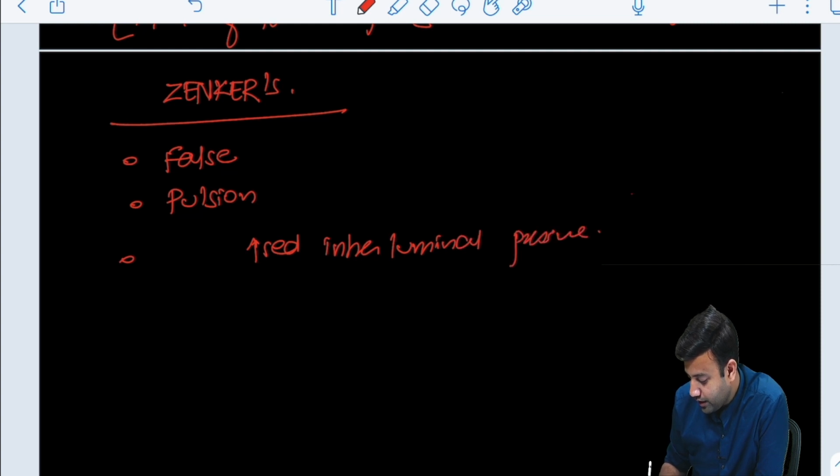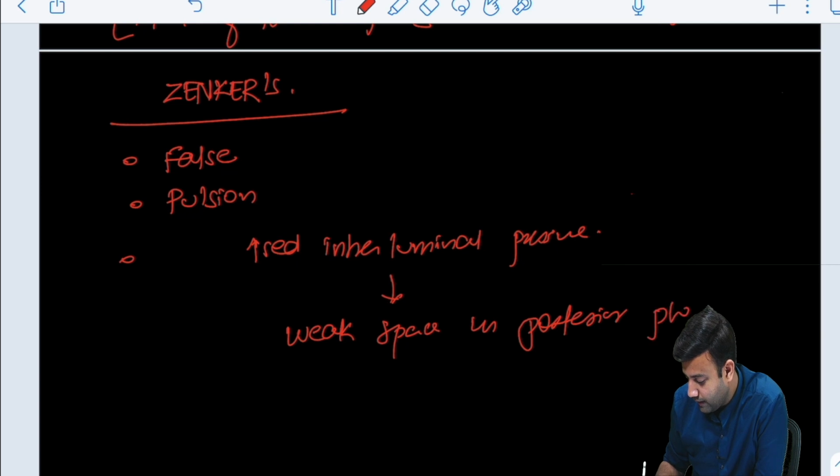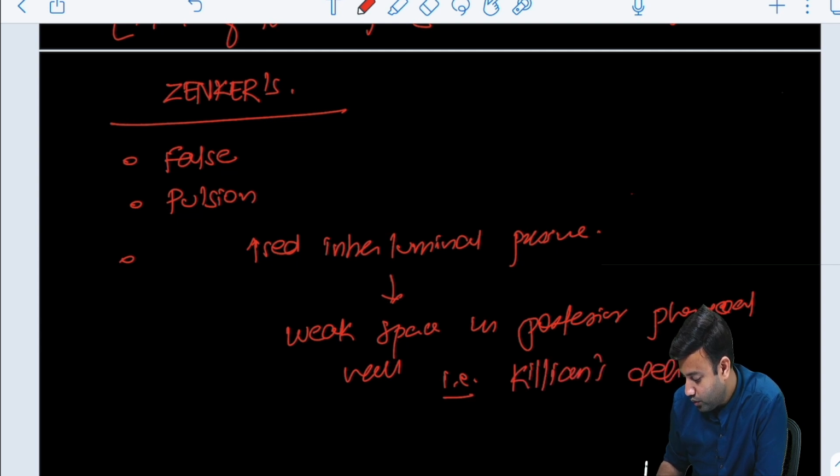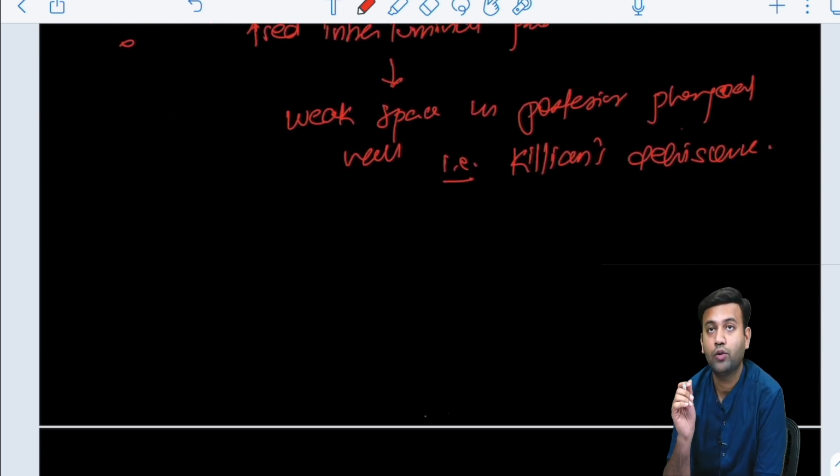Because of this, a weak space is generated in the posterior pharyngeal wall, known as Killian's dehiscence, through which the diverticulum forms.